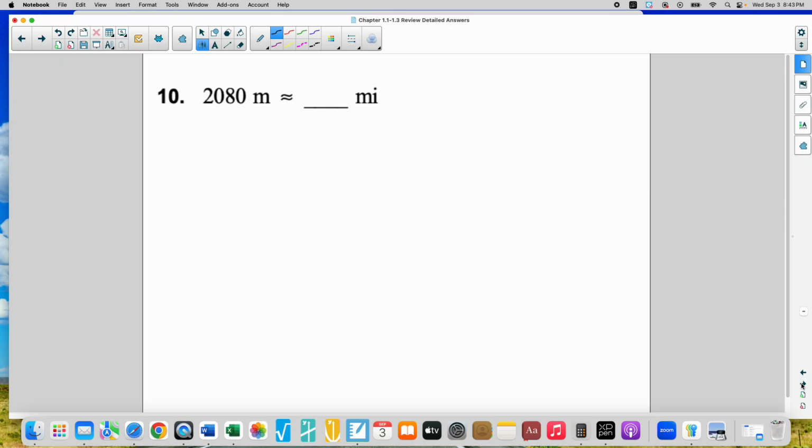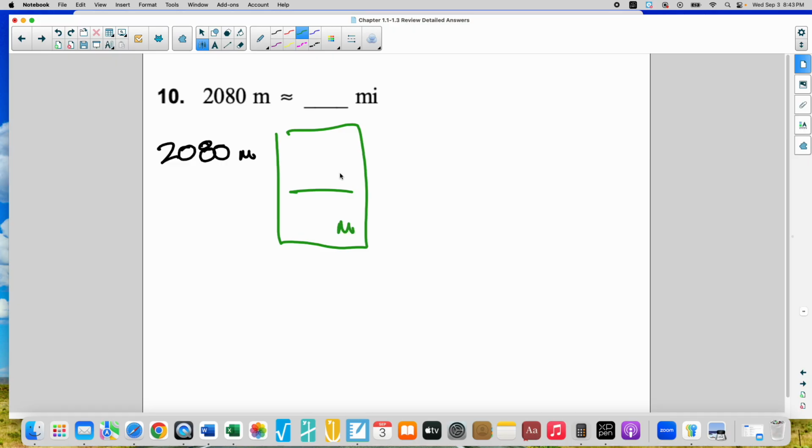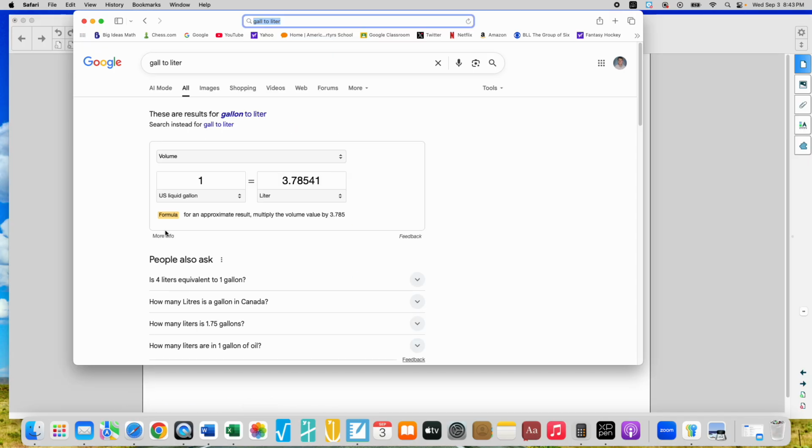2,080 meters equals how many miles? Okay, let's go from meters to feet. Meters to feet. That seems reasonable. So let's look meters to feet.